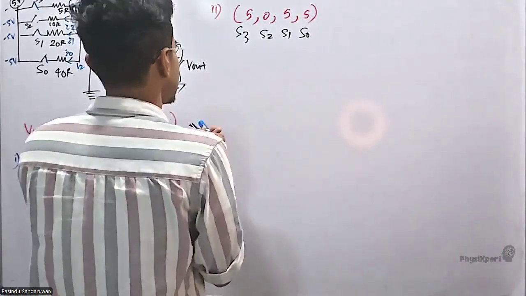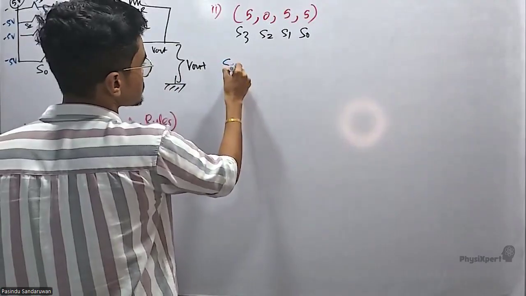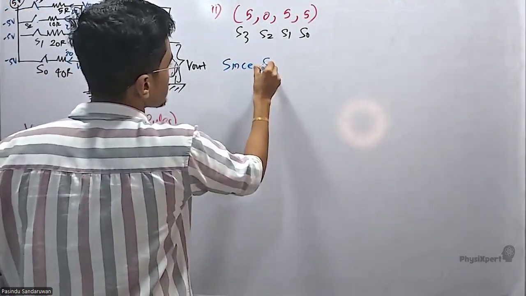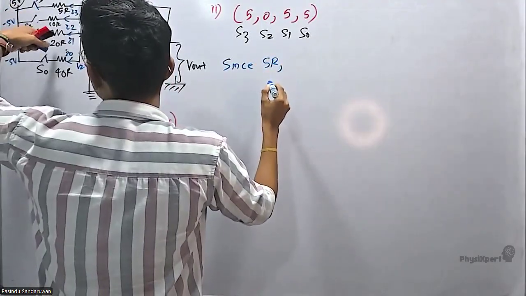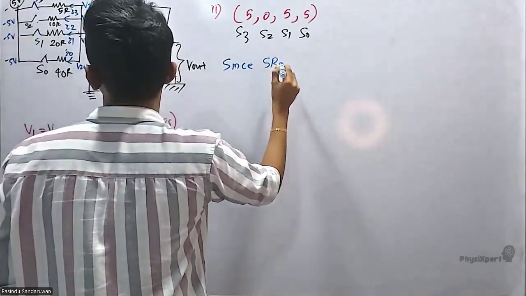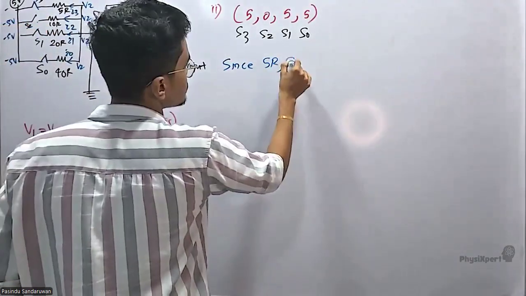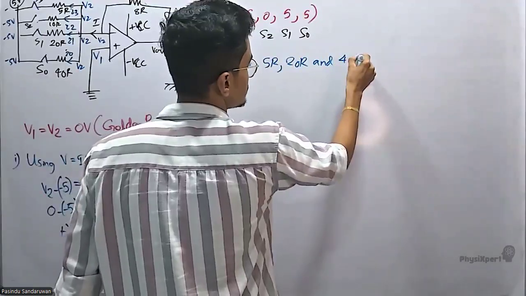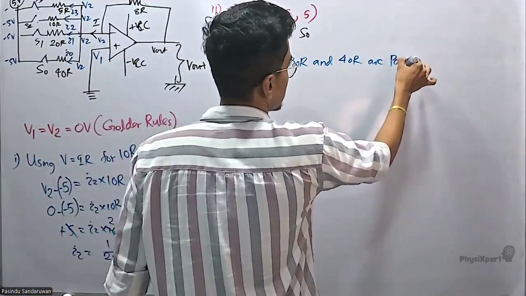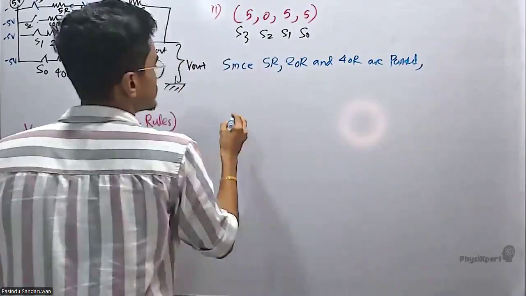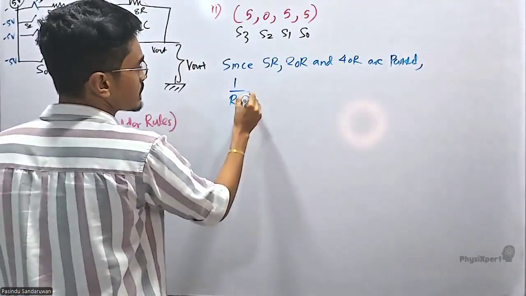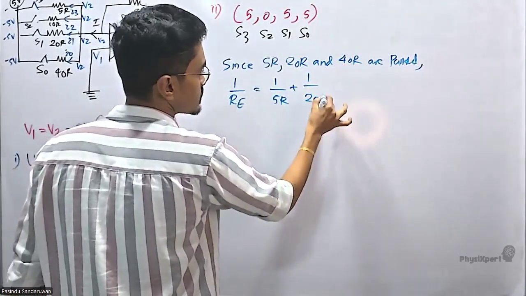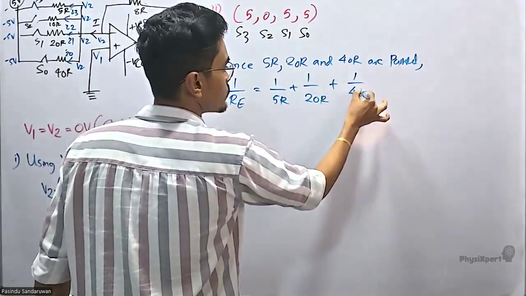See, since 5R, 20R and 40R are parallel, the equivalent is 1 over RE equals 1 over 5R plus 1 over 20R plus 1 over 40R.